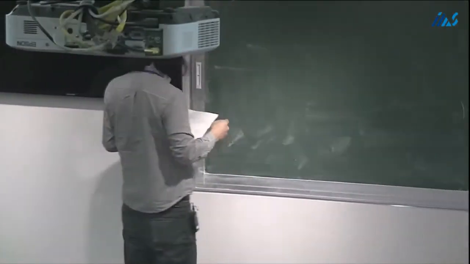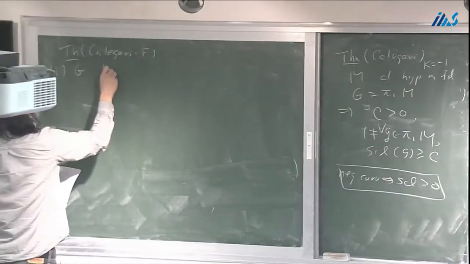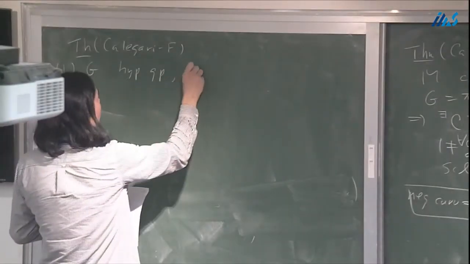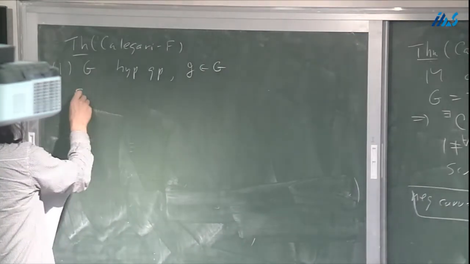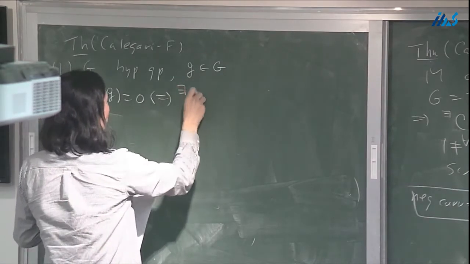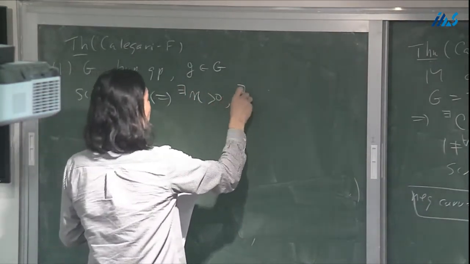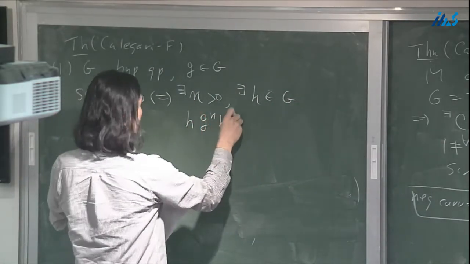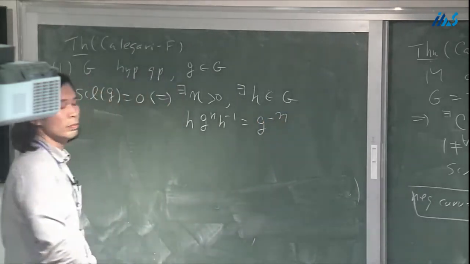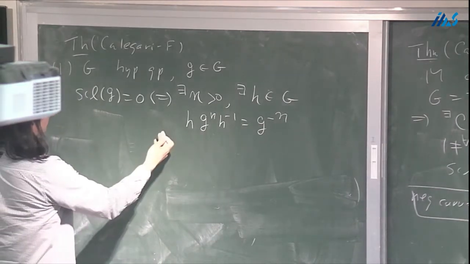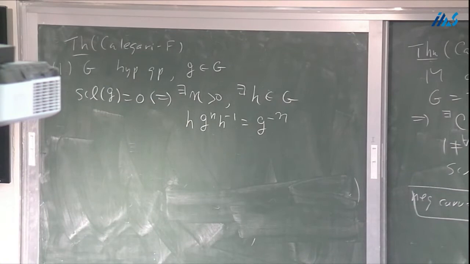I proved this theorem a while ago. If G is a word hyperbolic group, then for any element g, the stable commutator length of g is trivial if and only if there exists a constant n and an element h so that h g^n h^{-1} is g^{-n}. If g^n is conjugate to its inverse, then that's the if and only if condition for the stable commutator length to be 0.